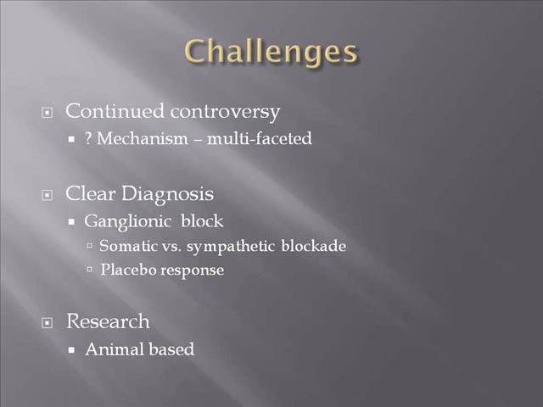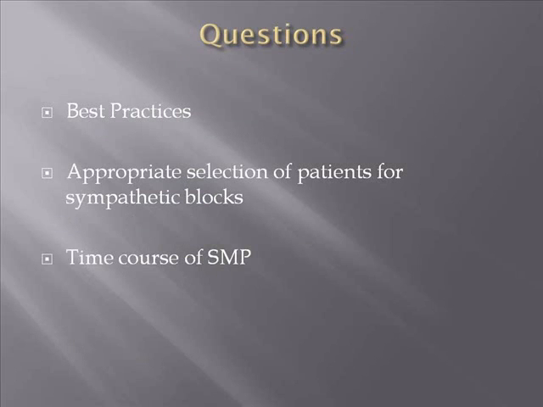And the problem is that the mechanisms demonstrated in animal studies do not always translate into humans. Specifically, it may be difficult to study SMP using animal models, as the expression and function of the alpha adrenoceptors may differ between species.